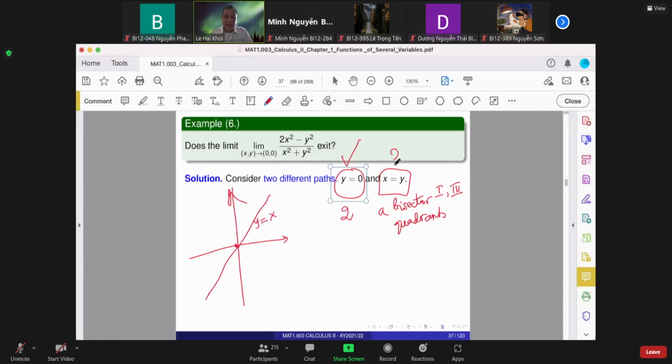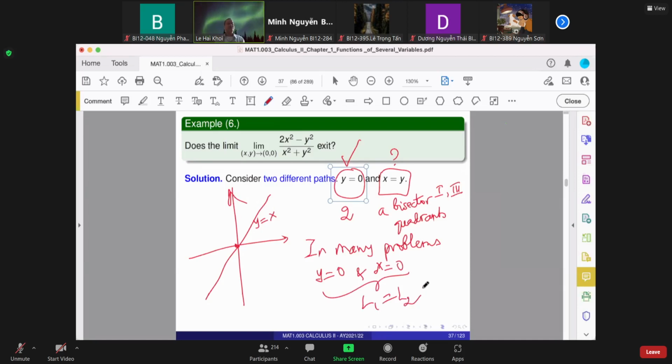Why did I include this in the solution? Because in many cases, or in many problems, when you consider the x-axis and the y-axis, they give the same result, which means it gives you nothing.